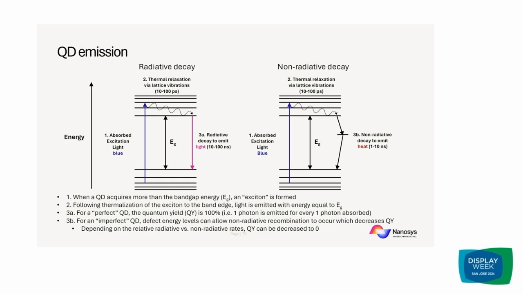So you still have the same excitation event, you still have the same thermalization to the band edge for your carriers, but you've introduced a different decay pathway. Typically this is through a defect state. And while this defect state is there, every excited state that you make, instead of emitting a photon, decays non-radiatively, typically releasing that energy as heat instead, what's known as non-radiative emission. So how does the quantum dot actually enter this state of being non-emissive?